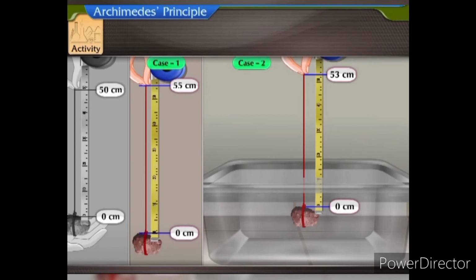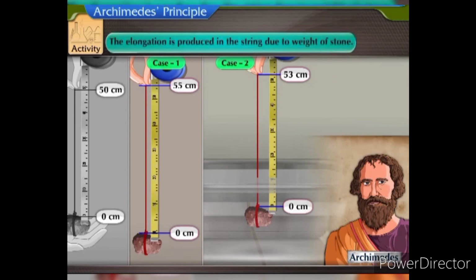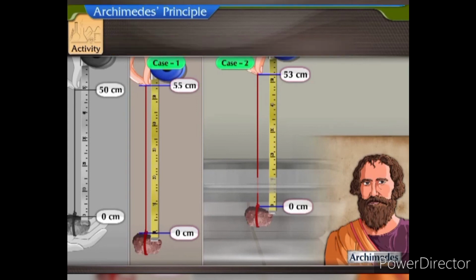The explanation of this is given by Archimedes' principle. The elongation is produced in the string due to the weight of the stone. The extension decreases when the stone is lowered in water. It means that some force acts on the stone in an upward direction. This is the buoyant force acting on the body.